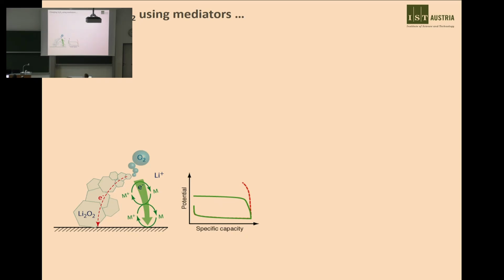A couple of years ago we first showed that we can actually use organic redox mediators to reoxidize peroxide. At the end of discharge, you would have structures of hundreds of nanometers of lithium peroxide, and this is way too insulating to oxidize the far pieces of it via electron transfer through the peroxide.